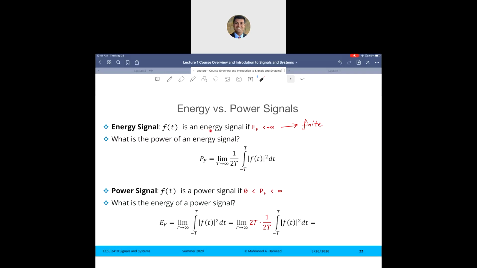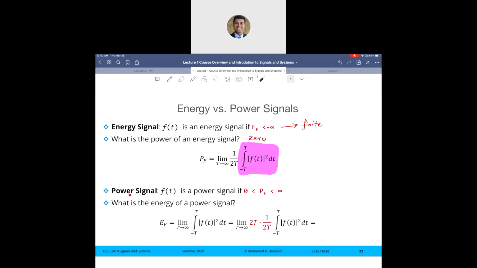And we know that for this signal, the energy is finite. So that means that this particular term is going to be finite. So we are taking something finite and dividing it by capital T, with the limit T tends to infinity. So you have a finite number divided by something that tends to infinity. Your power is essentially going to tend to 0. So the power of an energy signal is 0.